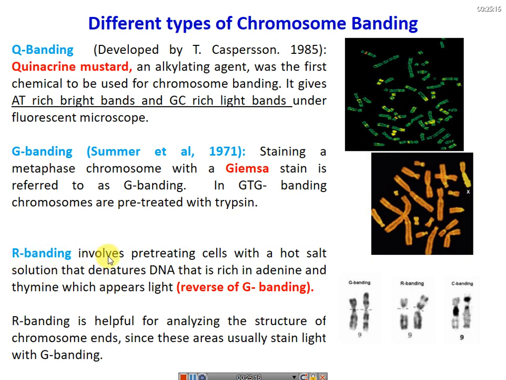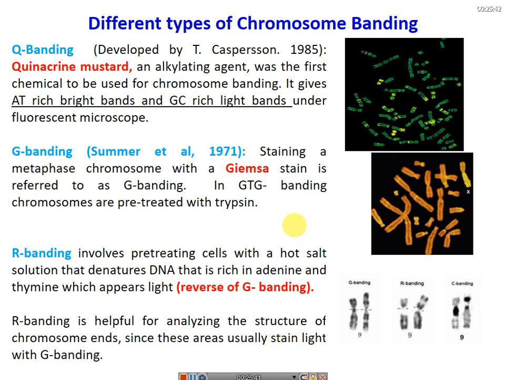R banding is in a way the reverse of G banding, because the bands that are stained lighter in G banding will be stained darker in R banding, and vice versa. This R banding is helpful in analyzing the structures of chromosome ends, which are usually stained very light in Giemsa or G banding.